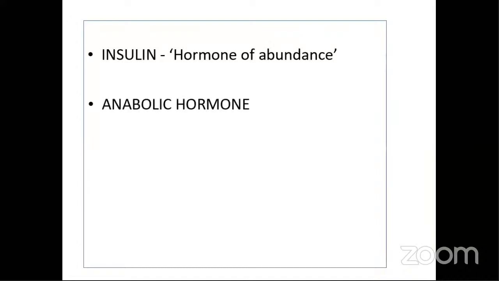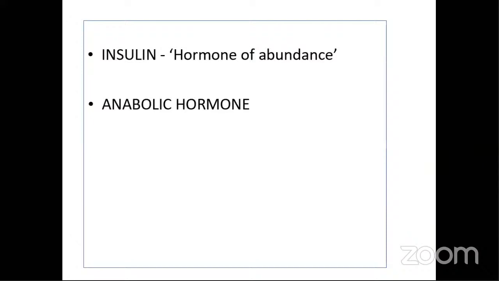Okay. Now comes the most important part of our discussion, that we will see what are the effects of insulin. Insulin, as we all know, is a hormone of abundance.